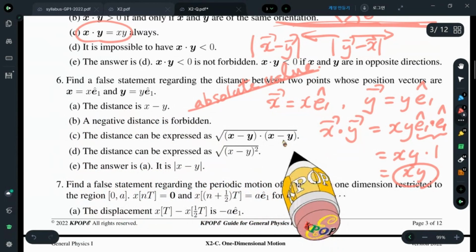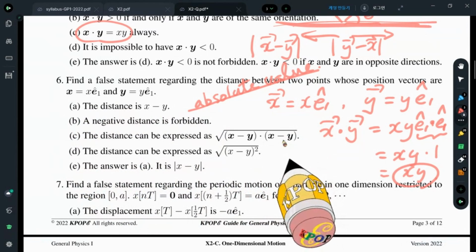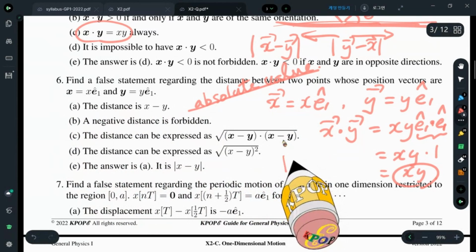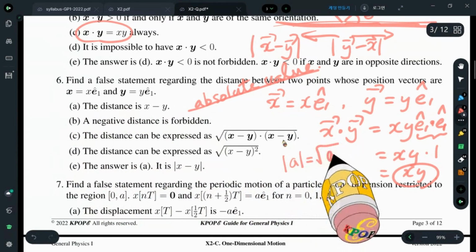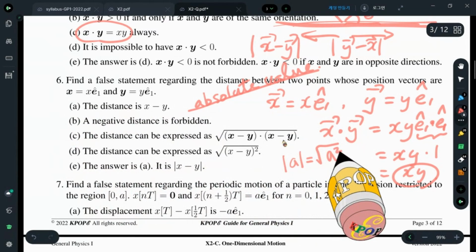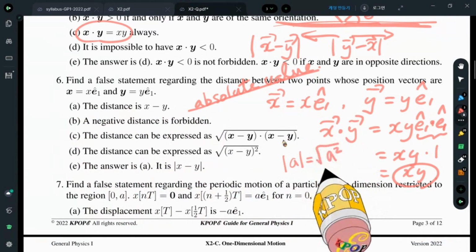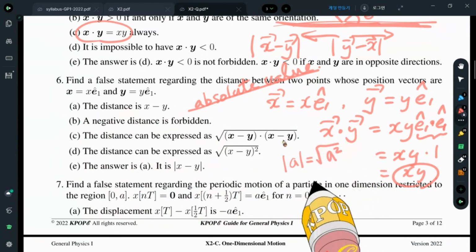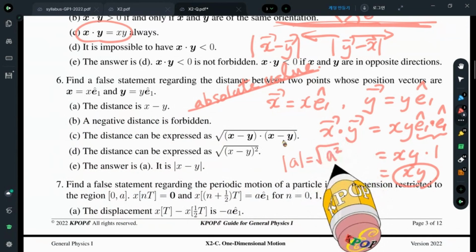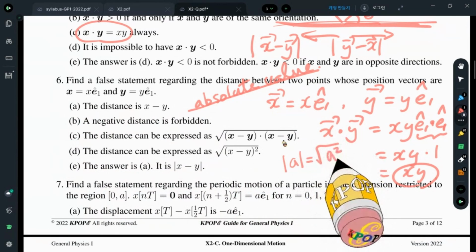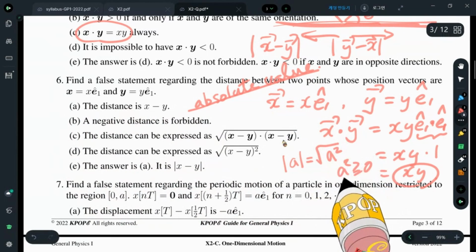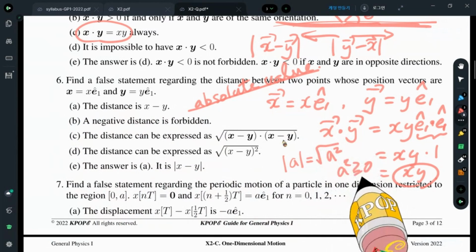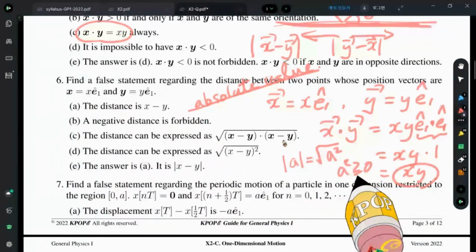You learned in middle school, the absolute value of a real number can always be expressed as the square root of a squared, because the square root is the positive root of a quadratic equation. So a squared is always positive for any real number a, and it can never be negative.